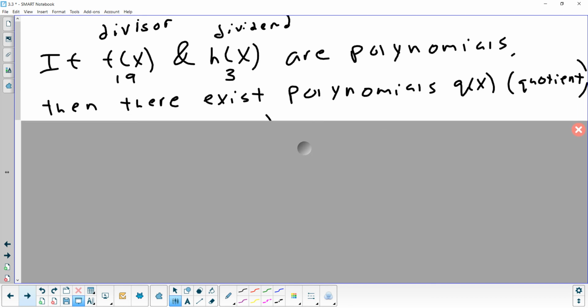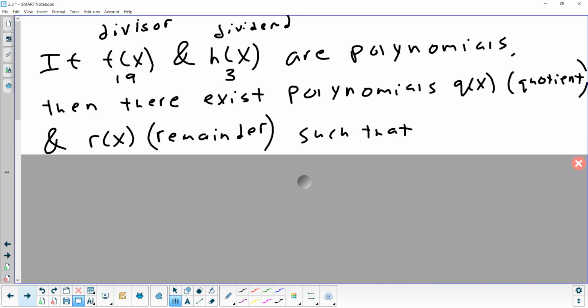Whenever you do a long division problem, you're always going to get a quotient and a remainder that will allow you to check your answer. In this case, 3 goes into 19 6 times, and that gives you a remainder of 1. Now, I can't guarantee that the quotient and remainder are always going to be numbers.